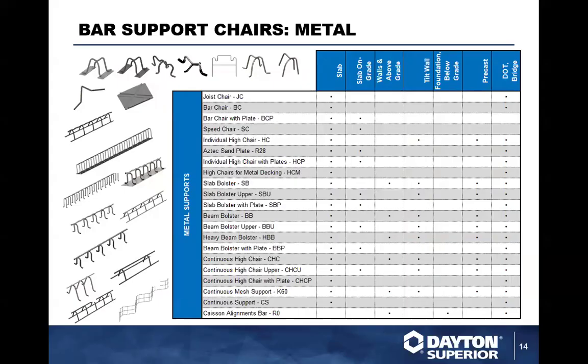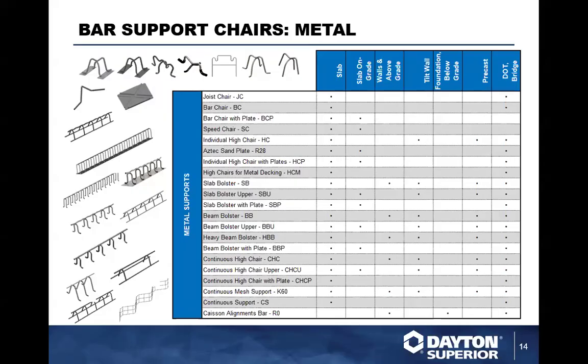We have zigzag material, and when you use wire mesh, that's the wavy material down here at the bottom of the drawing of the details. We also have slab bolster upper and continuous high chair upper, depending on sizes. We've listed what the options are and where they all fall into place here.